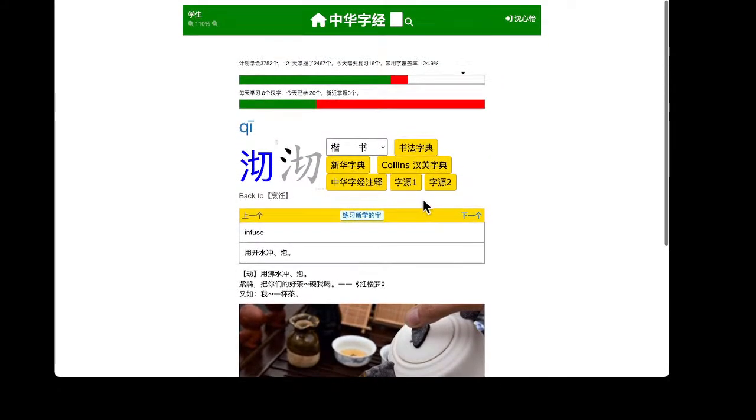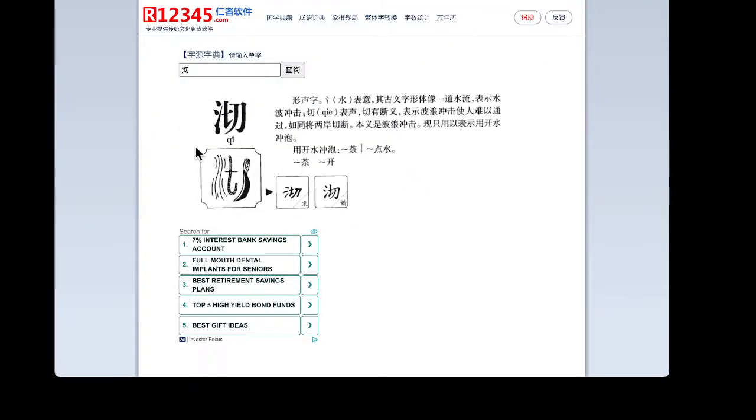Let's take a look at the character. So water radical. Now on the right hand side is a word called qi. Qi represents the sound, of course, but qi has a meaning of cut off, break down.